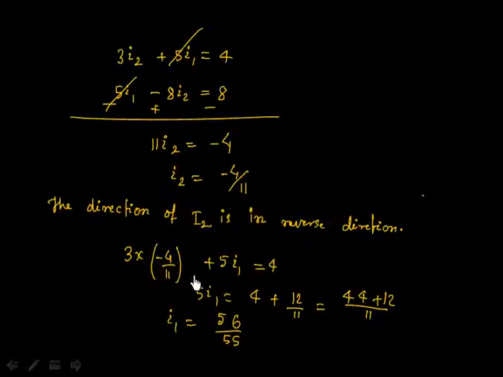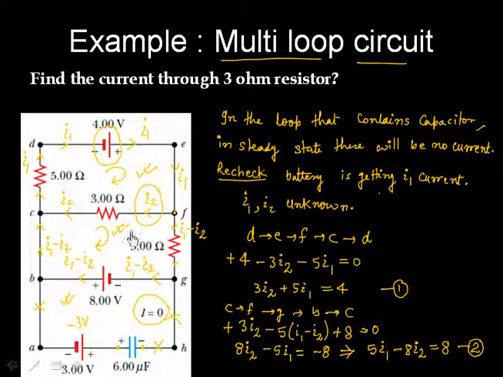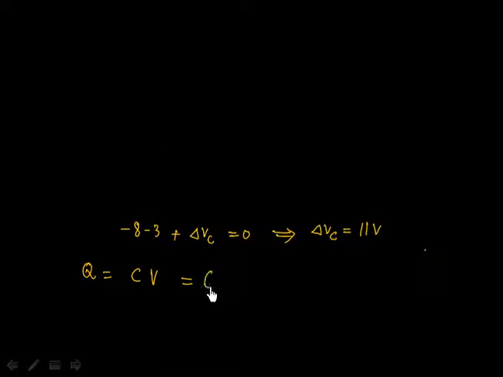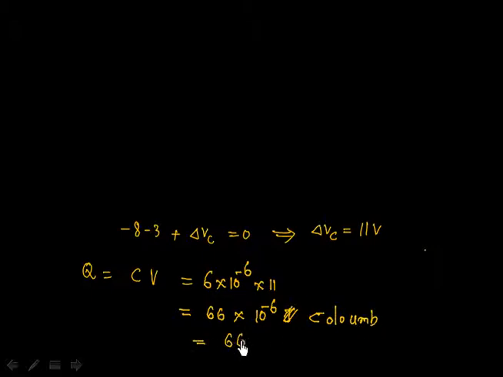So we have the capacitance, that is 6 microfarad, into 11. So this is 66 into 10 to the power minus 6. So this is the charge, and the unit will be coulomb. So the charge is basically 66 microcoulomb.